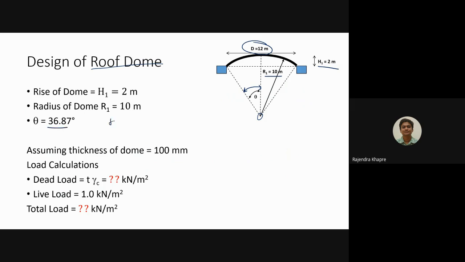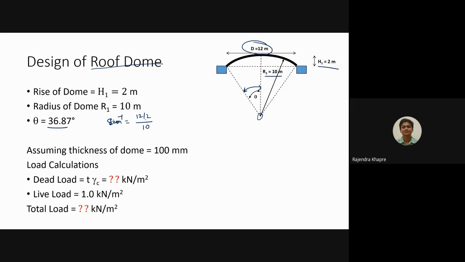This is nothing but tan inverse of, the opposite side is 12 divided by 2 divided by the hypotenuse. So hypotenuse is nothing but r1, that is 10. So this is not tan inverse, this will be sine inverse, sorry. So this comes out to be 36.87. You can also calculate the same using tan inverse also.